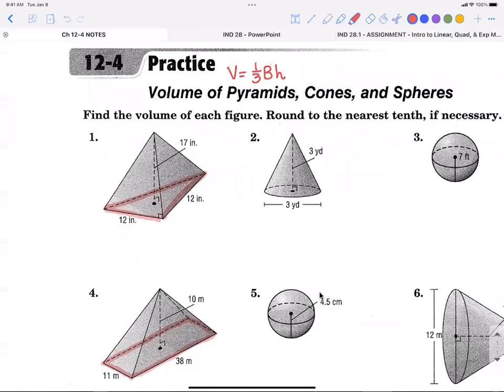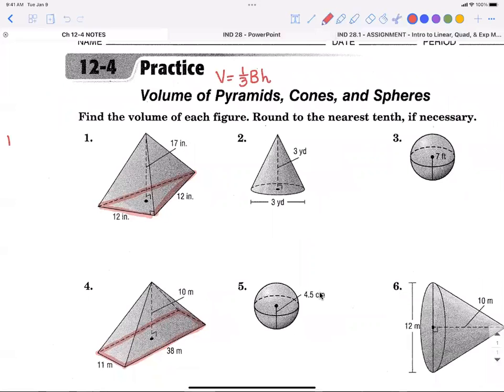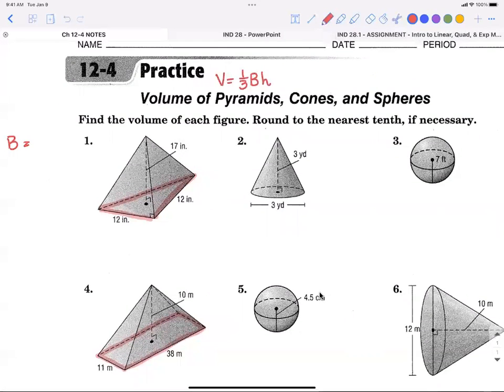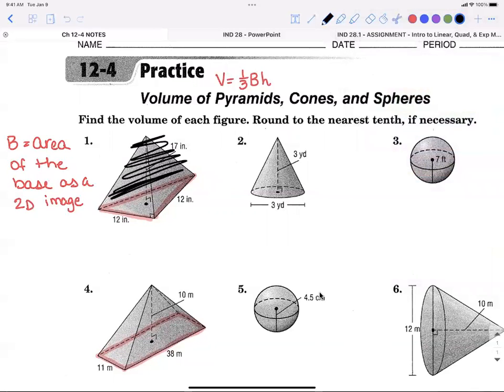So with this one, the capital B equals the area of the base as a 2D image. You kind of have to detach your brain from the pyramid for a second, and just look at this flat triangle.